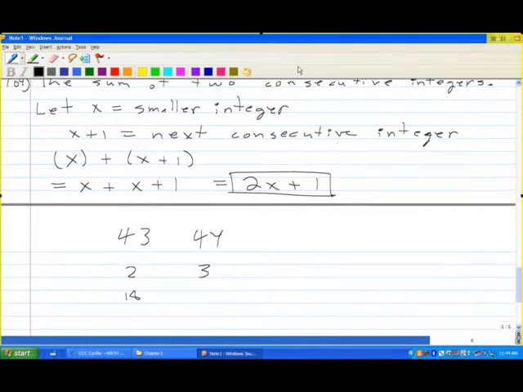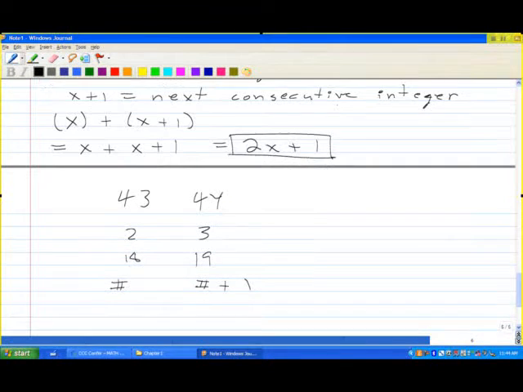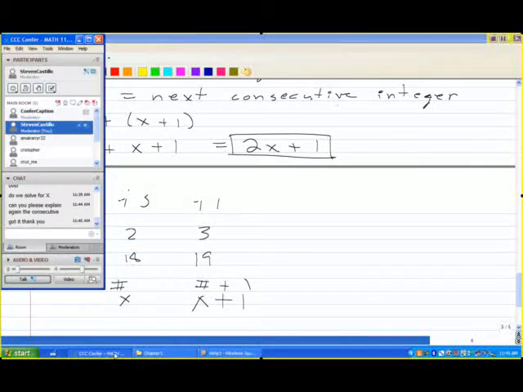It's going to be one larger, 19. So if I give you some number, the next consecutive integer is that number plus 1. If I gave you an x, then the next consecutive integer would be x plus 1. It's always one larger.